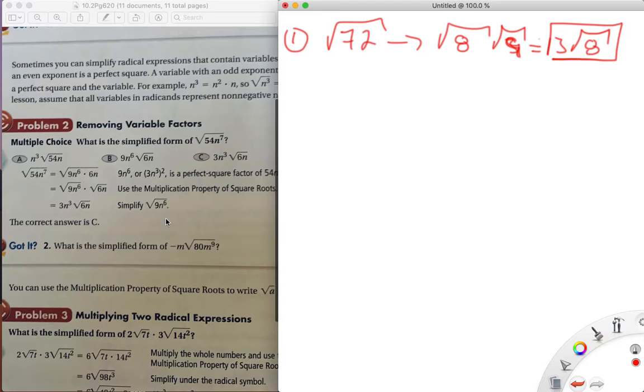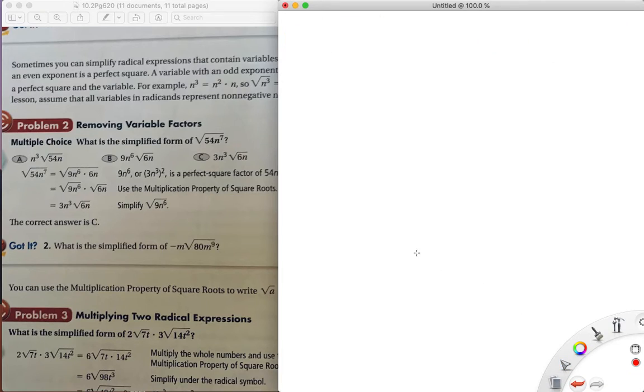And then for number 2, they have a scenario where, how do I get rid of this? What did I do?